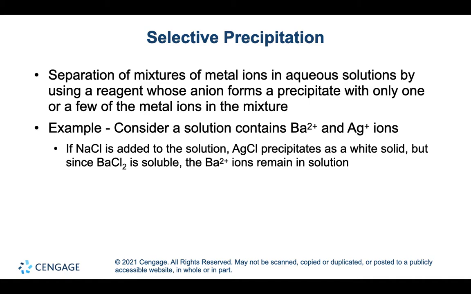In that way, you've separated silver ions from barium ions in solution. So it's a separation technique, and often separation techniques are needed in order to then do further tests to verify the presence of certain ions in solution.